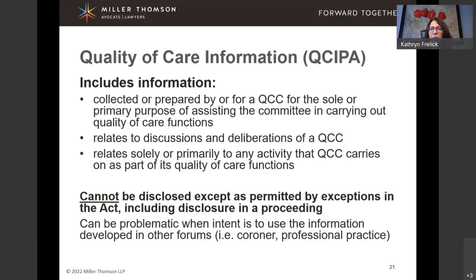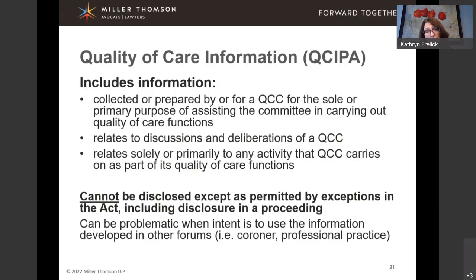But it can be problematic when the intent is to use the information developed through the quality of care review for other processes. Often a coroner, for example, will ask an organization to conduct a quality of care review and to report back the findings. This would not be permissible for any information that is created through QSIPA.